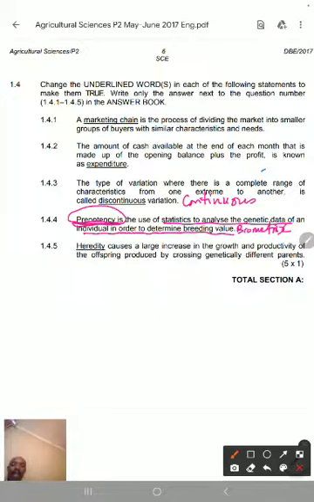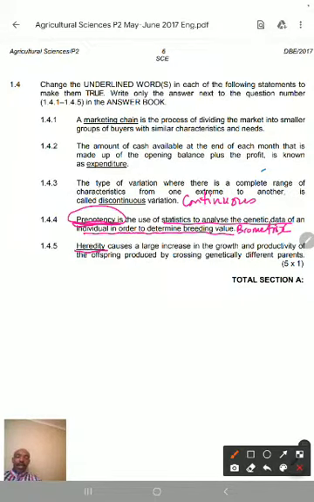Okay, heredity is just the way that the offspring or the progeny inherits the genetic characteristics from the parents. The way the parents pass their genetic characteristics to the young ones.